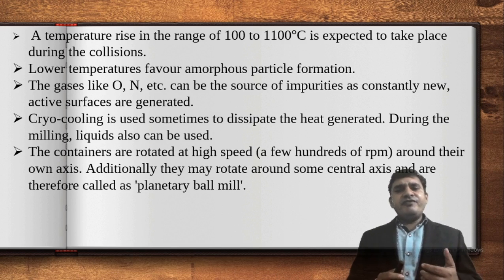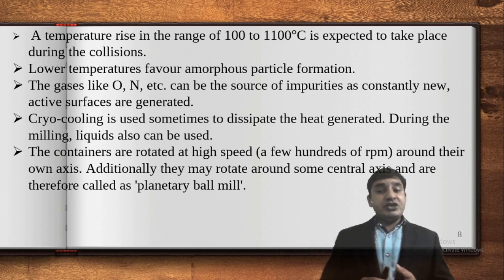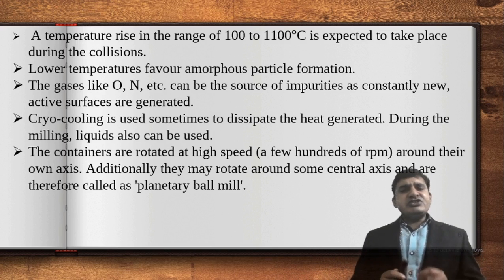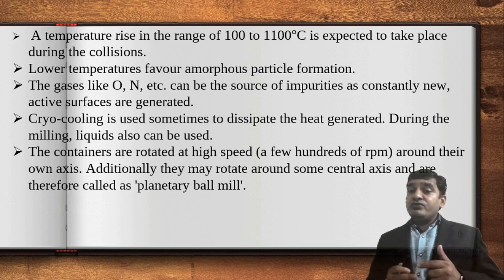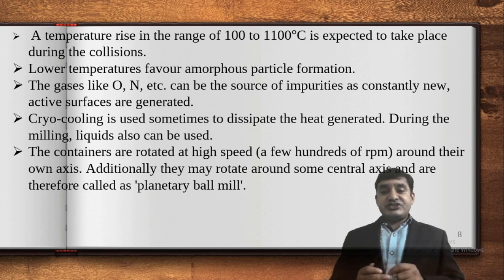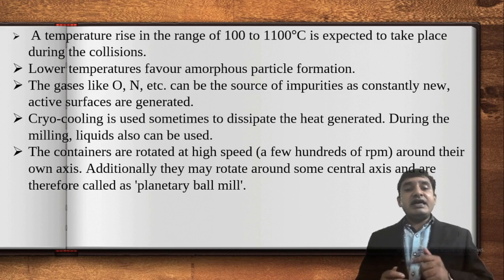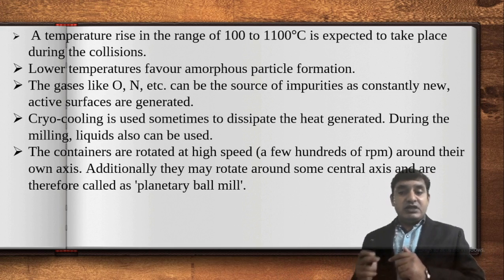The containers are rotated at high speed, a few hundred rotations per minute around their own axis. Additionally, they may rotate around some central axis and are therefore called a planetary ball mill.